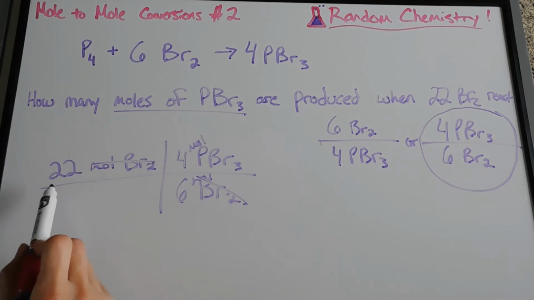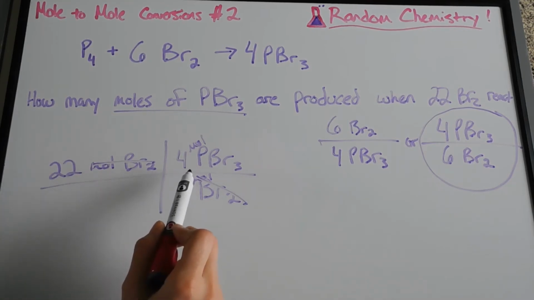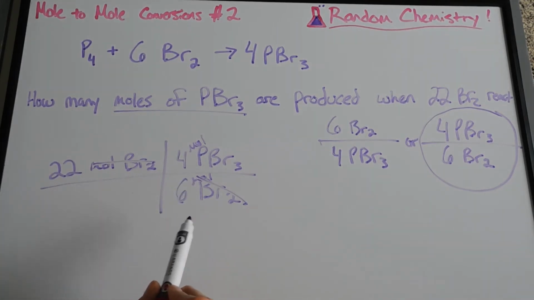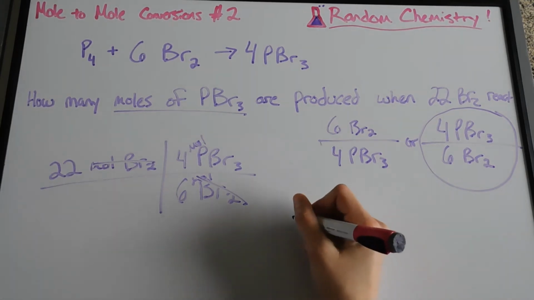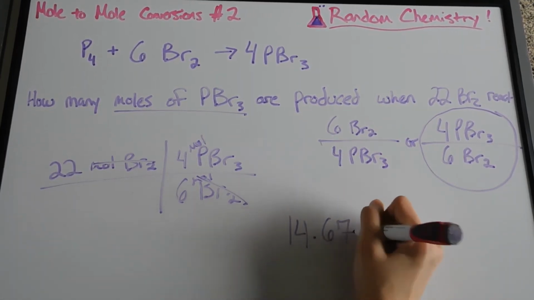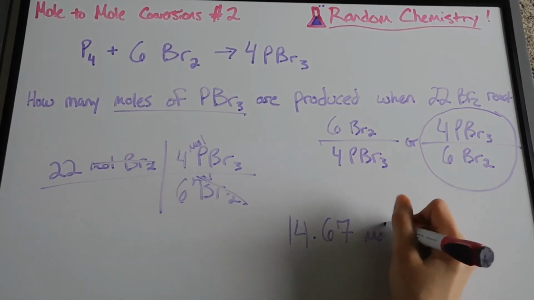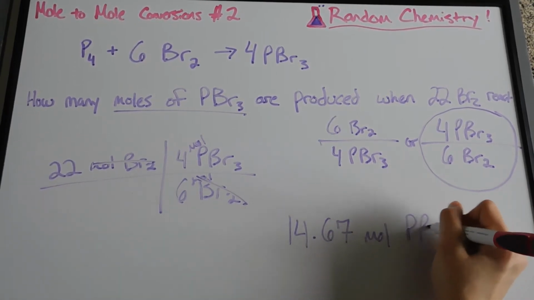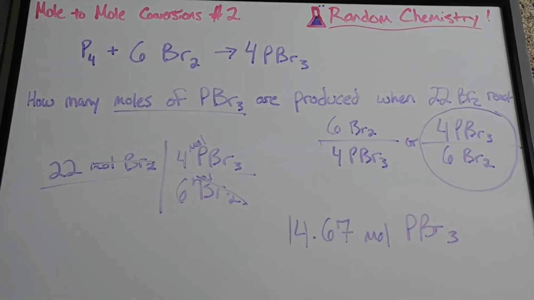Plug it into my calculator. 22 times 4 divided by 6, and when you put that in your calculator, you should get 14.67 moles of PBr3. So this is how many moles of PBr3 are produced when 22 moles of Br2 react.